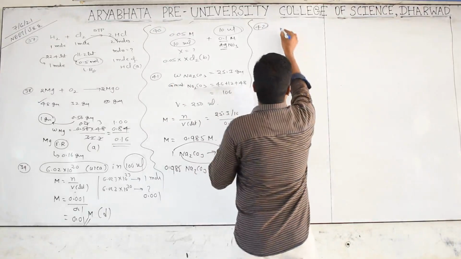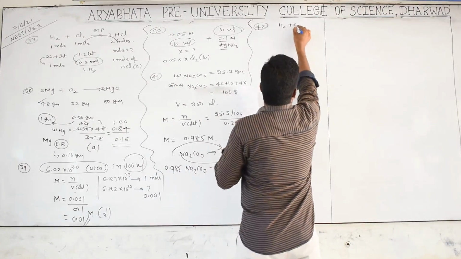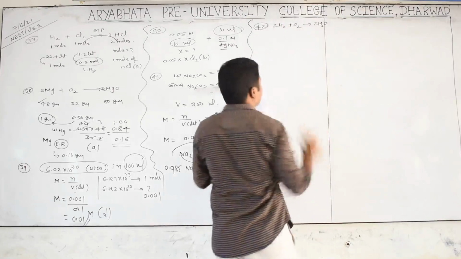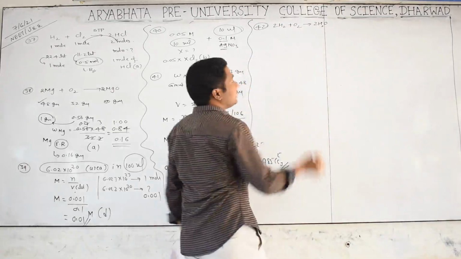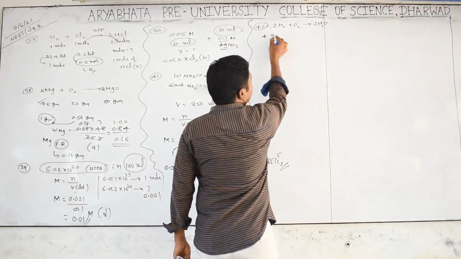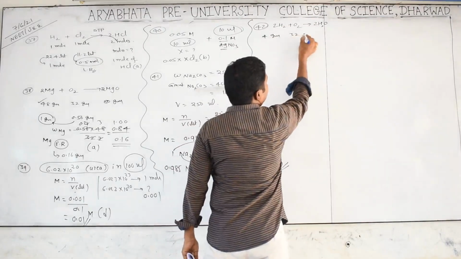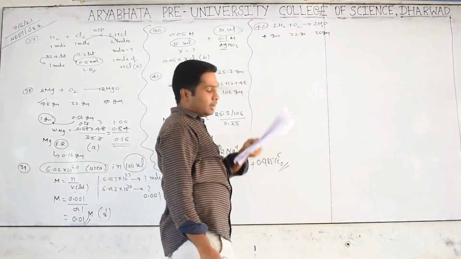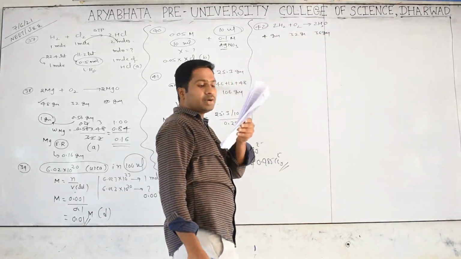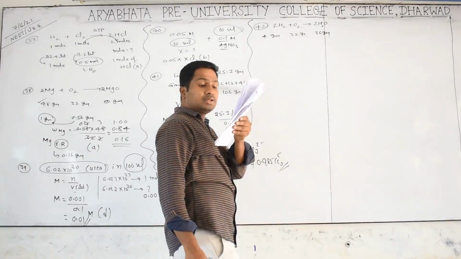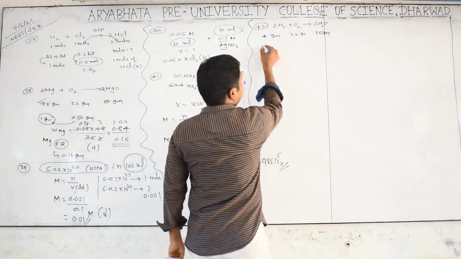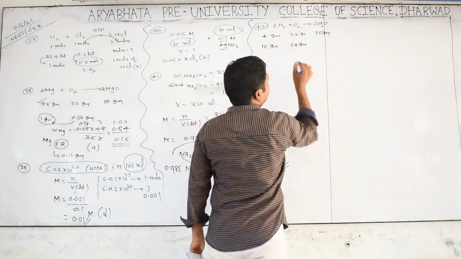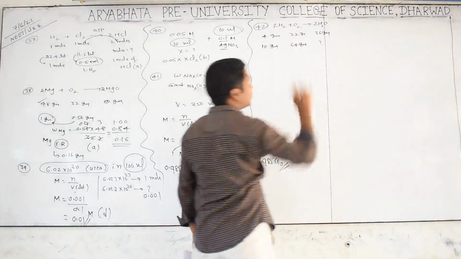Hydrogen gas combines with oxygen gas to give water; take the balanced equation 2H2 plus O2 gives 2H2O. 4 grams of hydrogen combines with 32 grams of oxygen to give 36 grams of water. But given are 10 grams of hydrogen and 64 grams of oxygen.